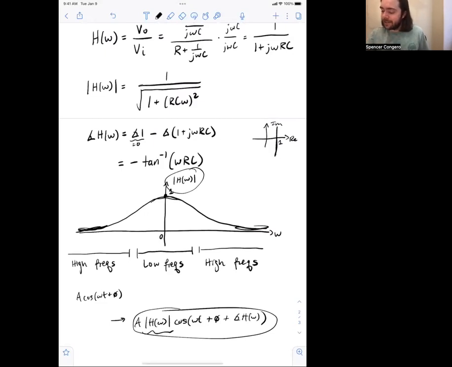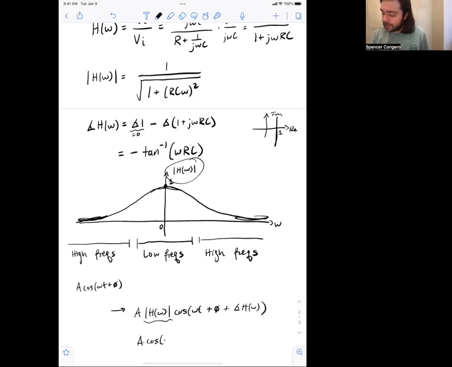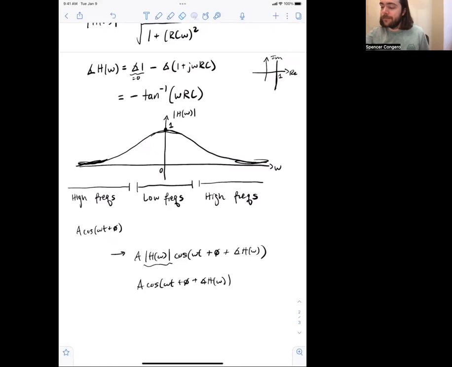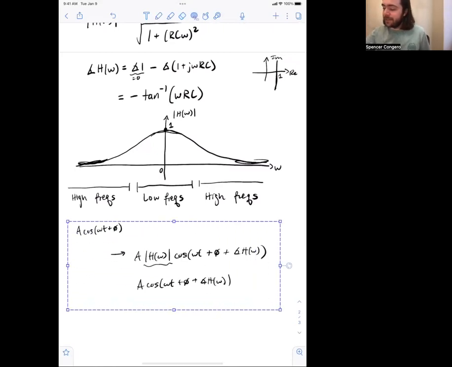Versus here, if this magnitude was close to 1, then I would get a cosine of omega t plus phi plus the phase, which is the same as the input, just off by a phase. In magnitude, it's still the same. That's why it's passing the lows. Hopefully these ideas are starting to connect. I'm going to erase that because that was just to remind you of the last video. But anyway, that's why it's called a low pass filter.